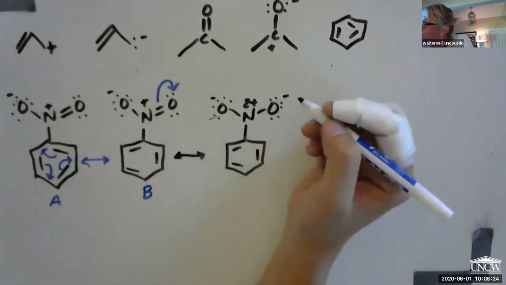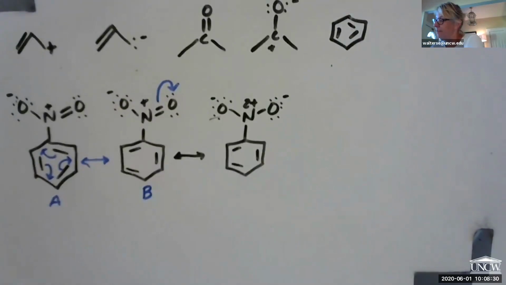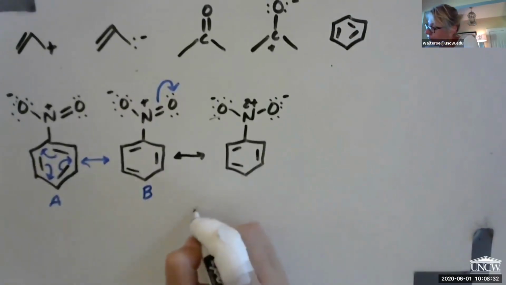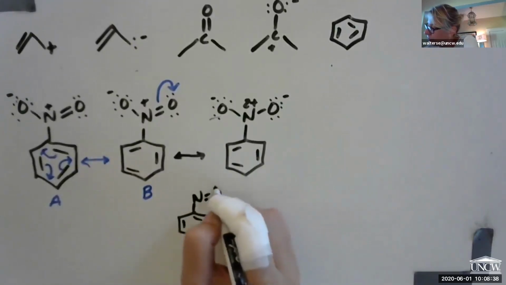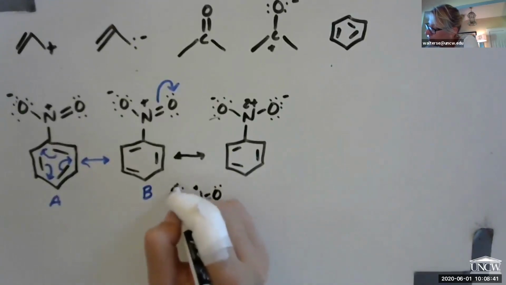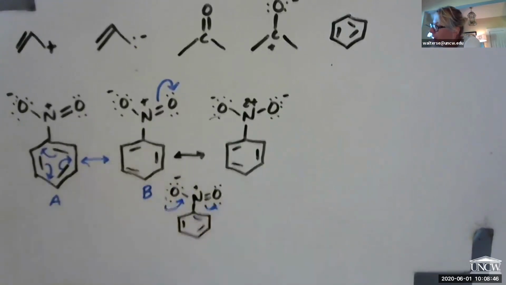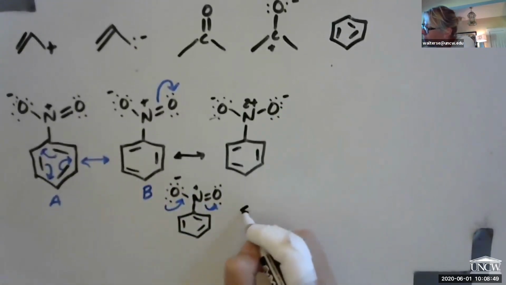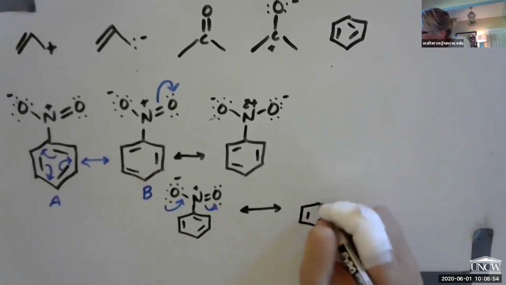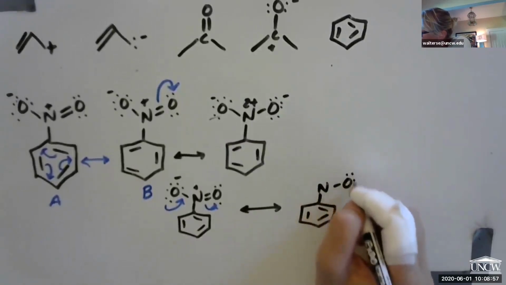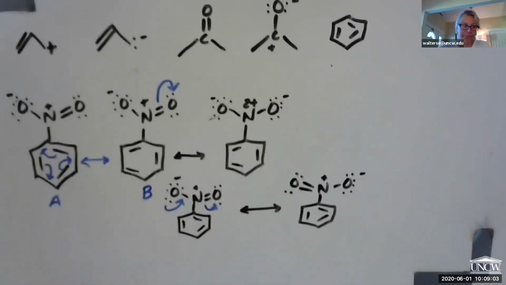The other one I can do, I'm going to have to redraw and get back to B. Down and up. Like that.